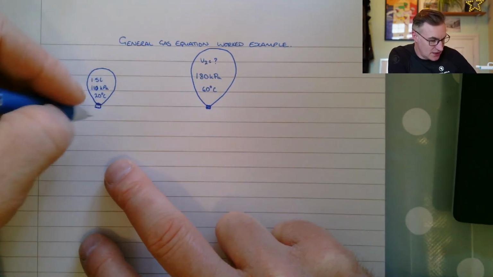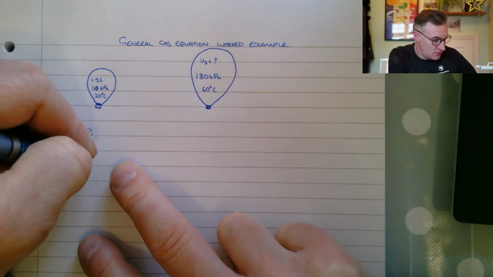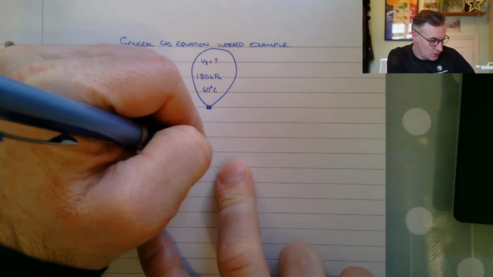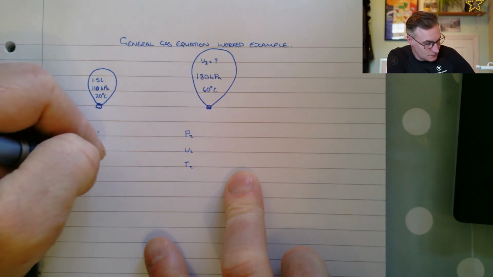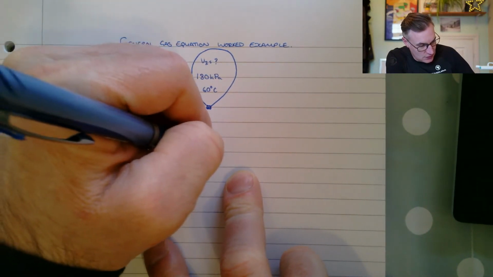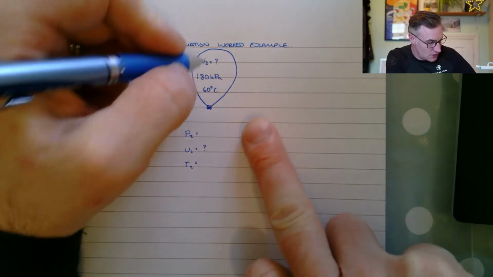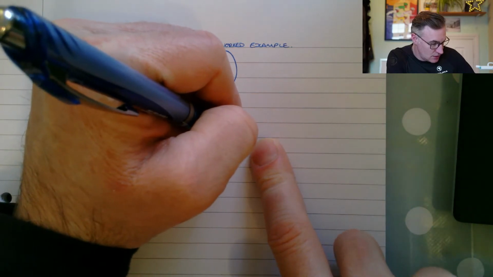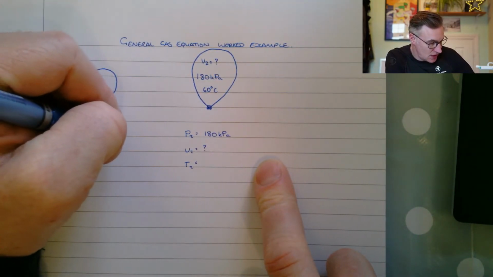So if we get a table, first of all, we'll have P1, V1, T1, and we'll have P2, V2, and T2. So the three on each side. V2 is what we're looking for. Pressure, so 180 kilopascals, 110 kilopascals.